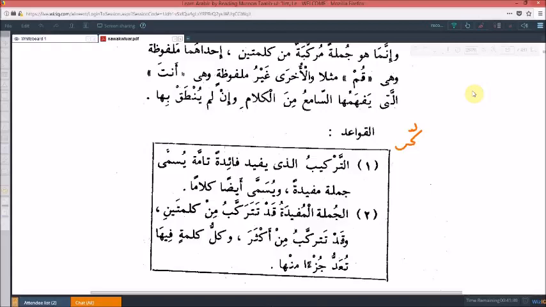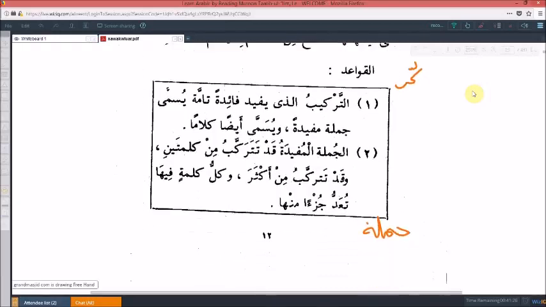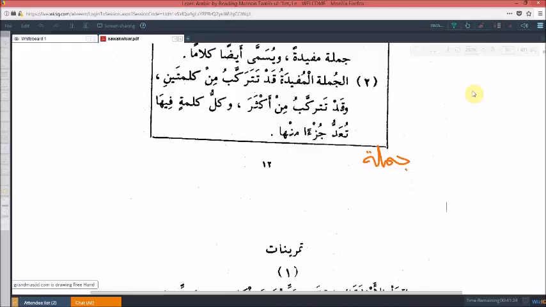Jumla means a sentence. If you go to Sam's or Costco, a store where you can buy things in jumla, in bulk. You usually don't buy toilet tissue by a 4-pack. You usually buy a 30-pack or something, right?